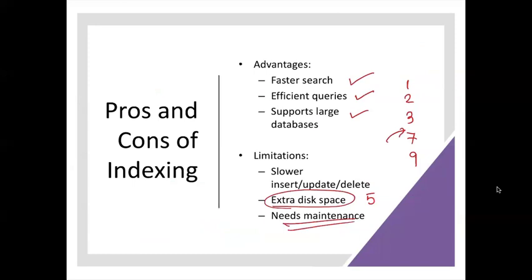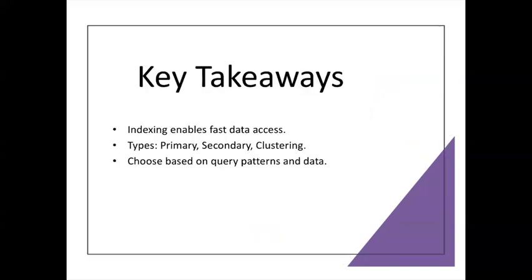So this is, in brief, an introduction to indexing concepts, and this is just a very brief introduction. The final word is that even if there are certain limitations, for a better query experience and more efficient search it is always good to go for indexing, and it enables fast access.